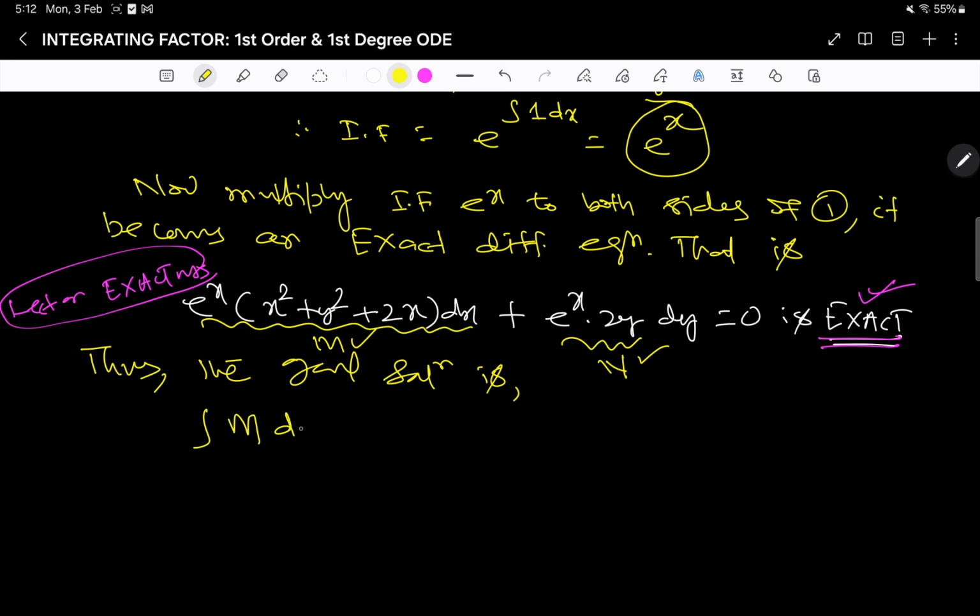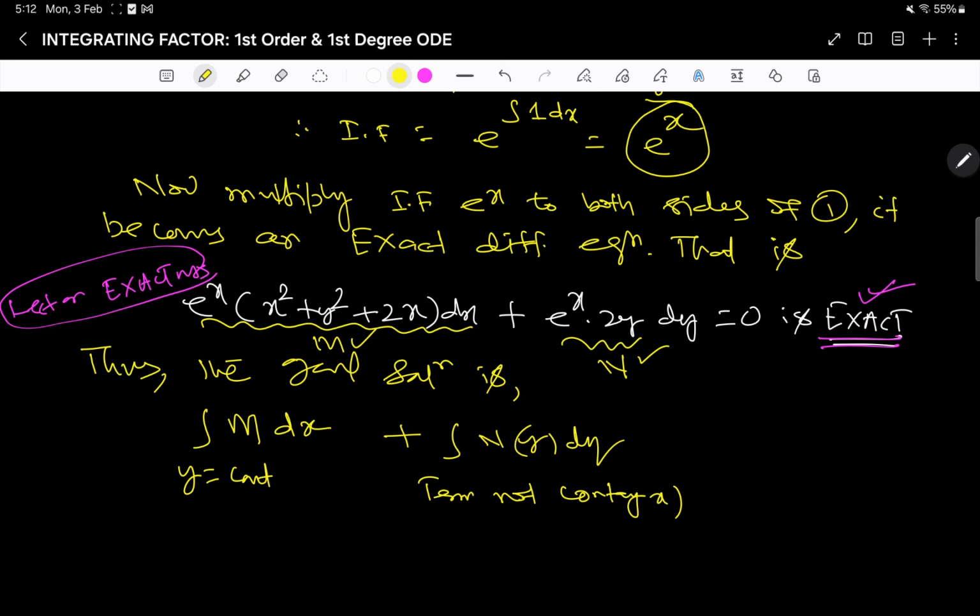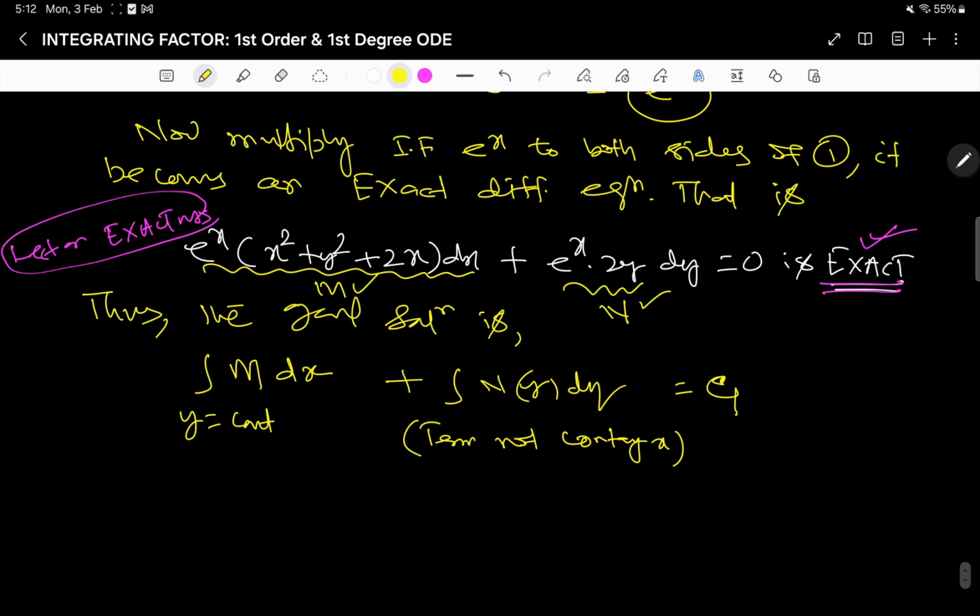Integral M dx, treating y as a constant, plus integral of the terms of N not containing x, dy, is my constant. So now I integrate, treating y as a constant.